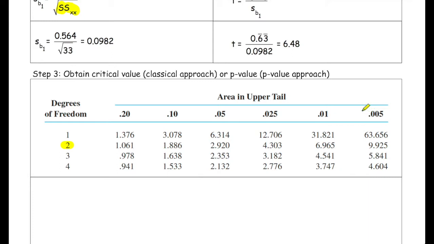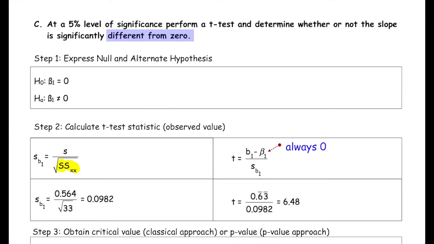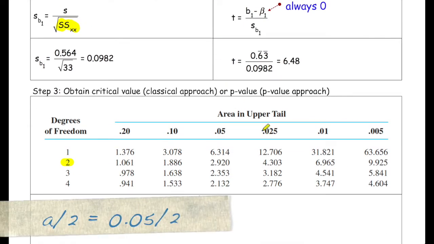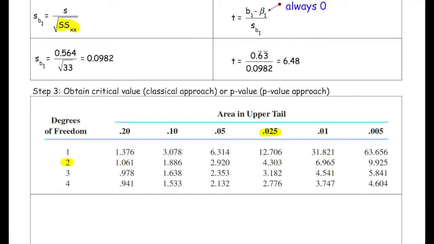In this case, we're doing a two-tailed test, and since alpha is 5%, we're going to go look for half of alpha in the very first row of our table, so 0.025. And now it's really a matter of connecting these two, and then to obtain the critical value from the inside of the table. So 4.303 would be the critical value for t.